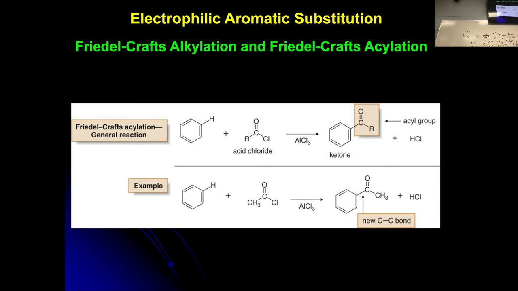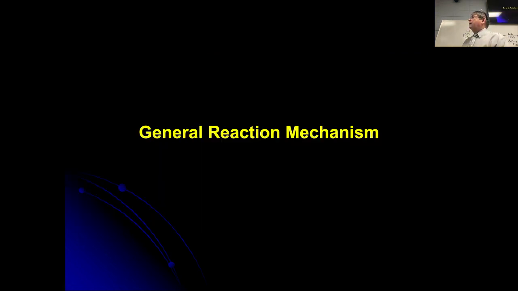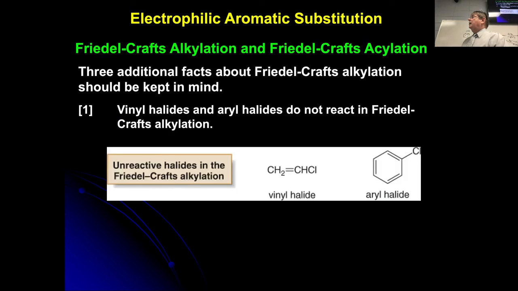Remember, in your resonance rules, everything here has an octet. This is why these don't rearrange. They're really not carbocations. But the aromatic ring, as the nucleophile, still attacks that carbon, very similar to how we saw in the other examples. So we will finish up with this next time. We're almost done.